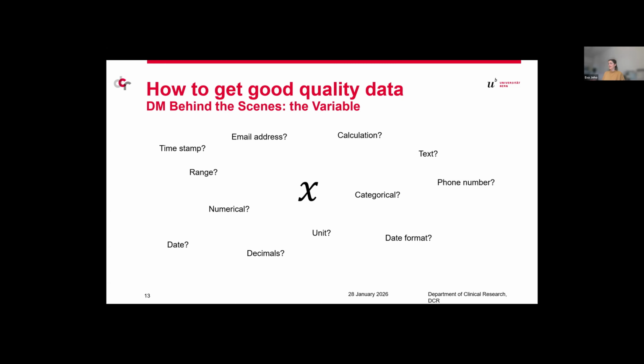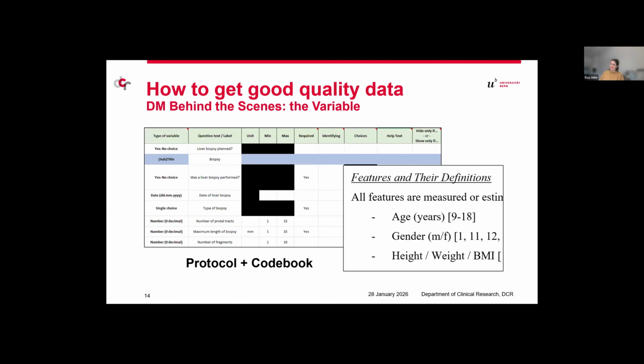And now maybe you ask yourself, goodness, how could I find out more about all the variables that I need? And as I mentioned before, hopefully you already thought about it while writing your study protocol. And then you can also do it through your code book, of course.